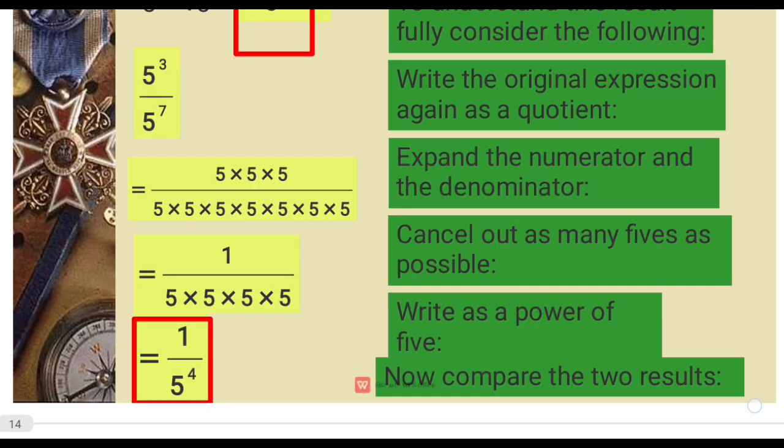And this implies that we're going to be having a negative exponent, which can be expressed as 5 raised to the power of minus 4. And if I'm meant to leave my answer in a reciprocal form, my final answer is going to be expressed as 1 over 5 raised to the power of 4.